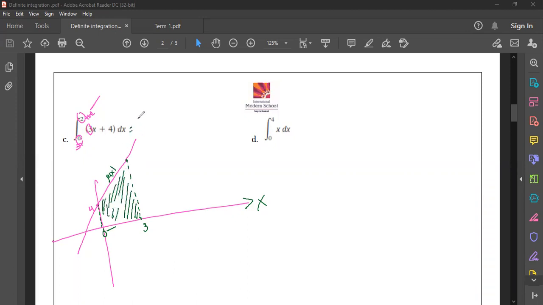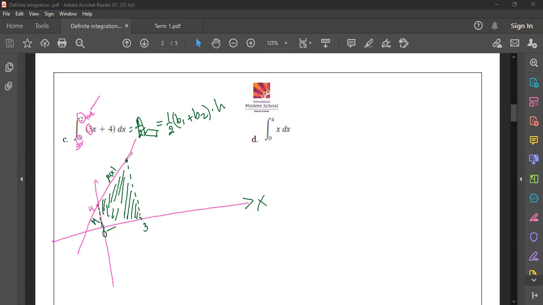The area of this region is the area of the trapezoid. That is the shape of the region bounded by the curve of the function, the two vertical lines and the x-axis. Half, base 1 plus base 2, multiplied by height. Base 1 here, as you see, is 4.